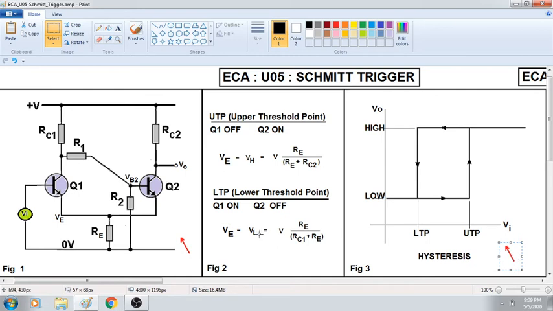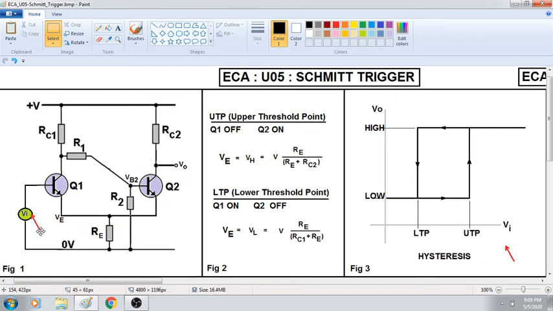Now let us see how this circuit will work. Let us imagine initially Q1 is off and Q2 is on, and input voltage is 0. So when Q1 is off and Q2 is on, the emitter voltage will be equal to this upper threshold value.